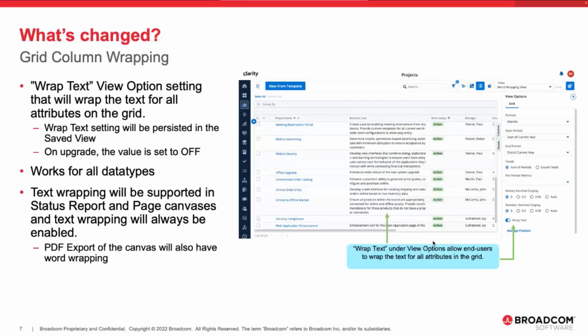So even if you compress the grid width and it exceeds those boundaries, it will actually wrap. The text wrapping is also supported within the status report and the page canvases, and they'll be enabled by default. And if you export that status report or page, that word wrapping will also be preserved within the PDF export.